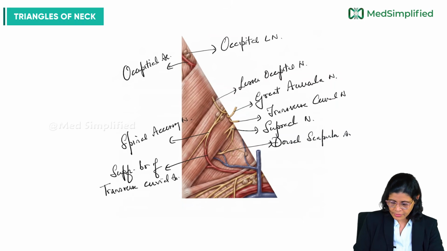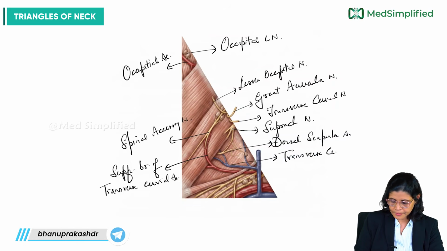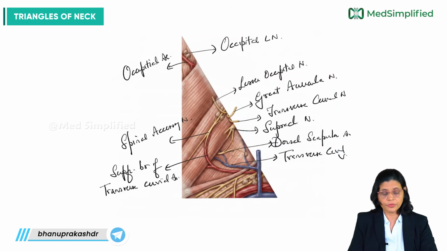This is the transverse cervical vein. So these are the main structures which we see in the occipital triangle.